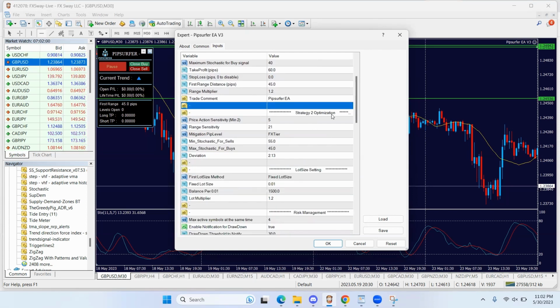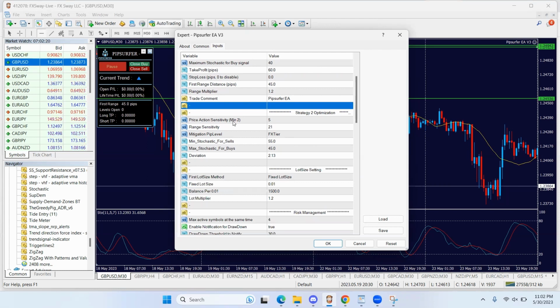So this is for strategy 2, going into that setting. Strategy 2 is the second strategy for Pipsurfer, the more moderate strategy. The price action is basically, strategy 2 goes highly off of price action and institutional interest.